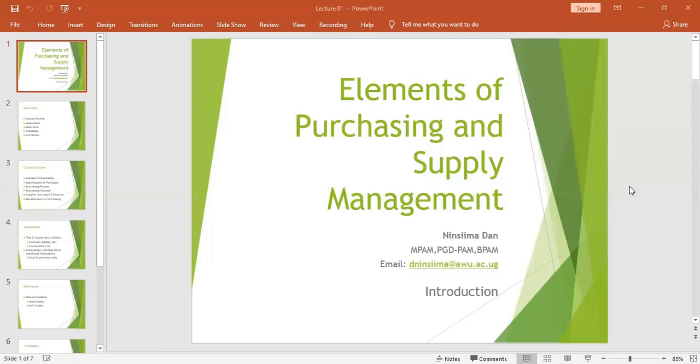Number one, introduction. As you are writing a specification of the goods and services you require, which must be included in the invitation to supply the actual goods and services by the supplier, the first component is called introduction, introducing the organization that wants the goods and services.